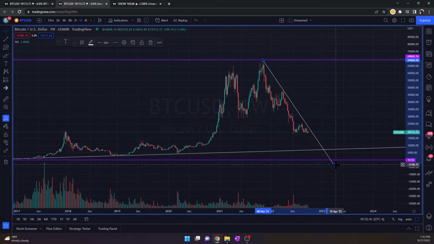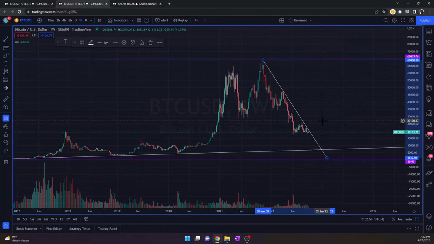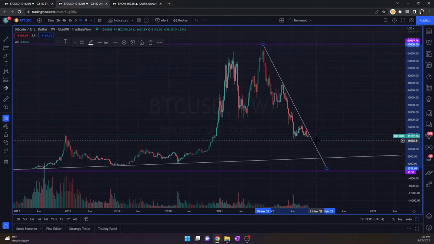There we go. When they talk about a price breakout, here a price breakout would be if these candlesticks closed on the upside of this trend line.